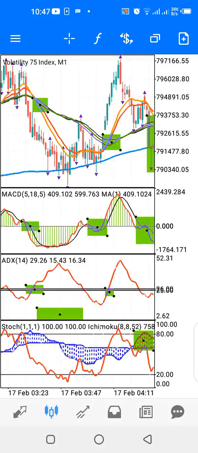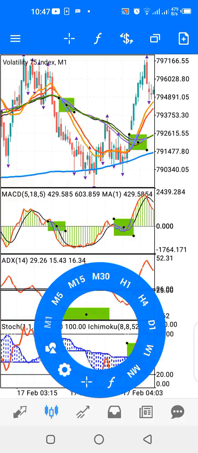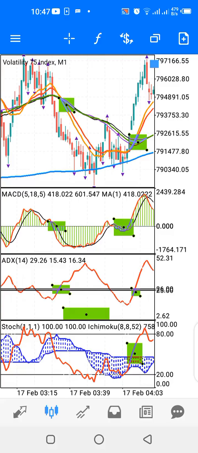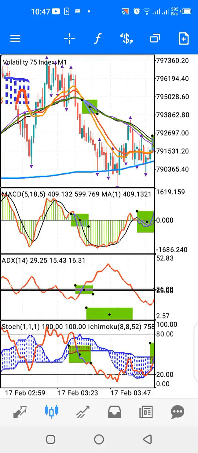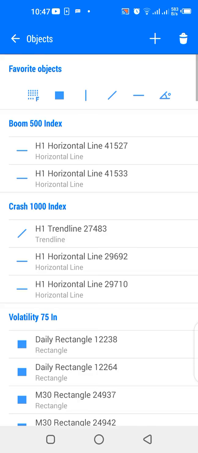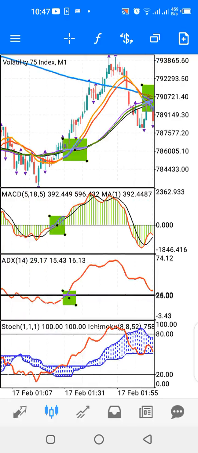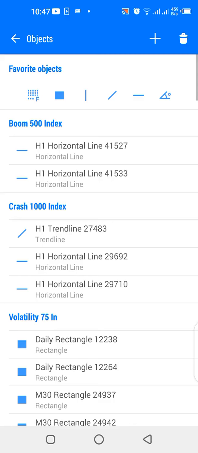Okay. When it crosses above, buy, crosses below, sell. Like you have a buy here, and you have a sell here. You have another buy here. You have a buy here.